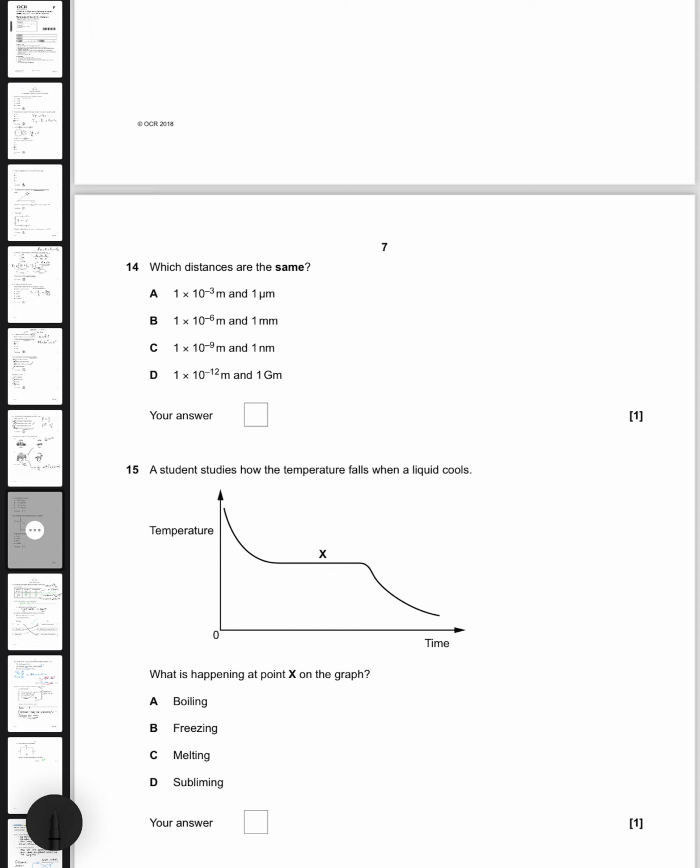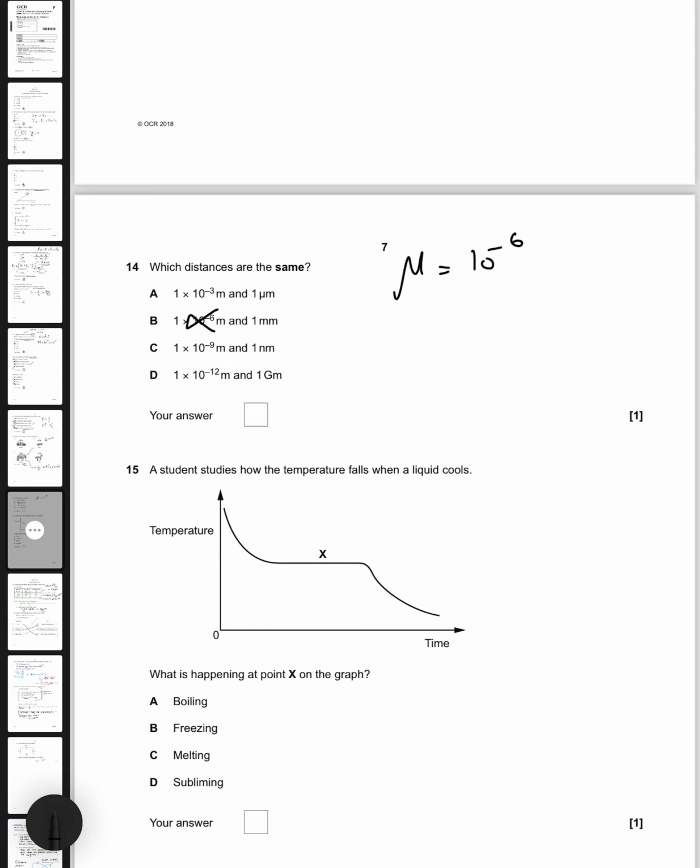Which distances are the same? In order to find out which distances are actually the same, you have to convert the units into normal scientific notation. So for example here, 1 times 10 to the power of -3 is 1 millimeter, and then this is 1 micrometer. A micro stands for 10 to the power of -6.